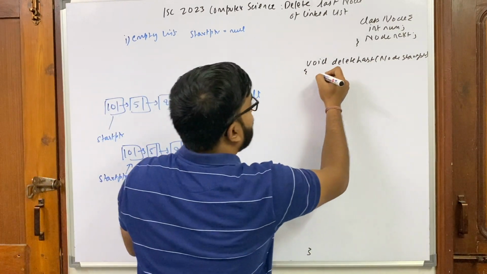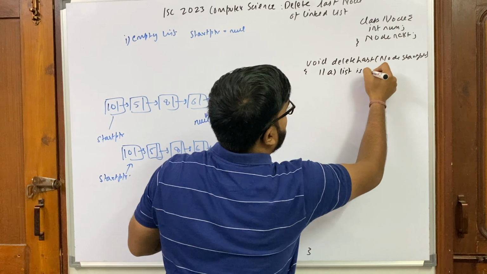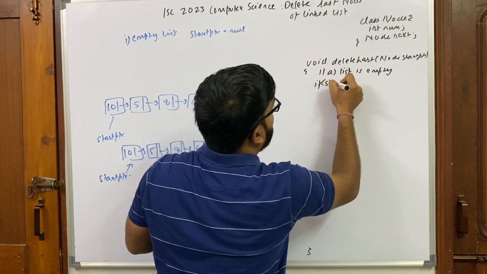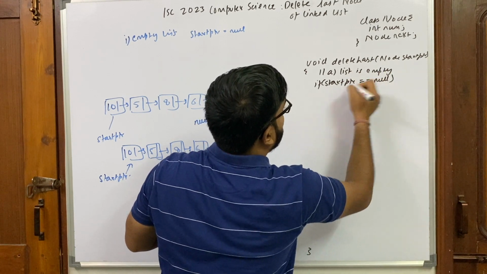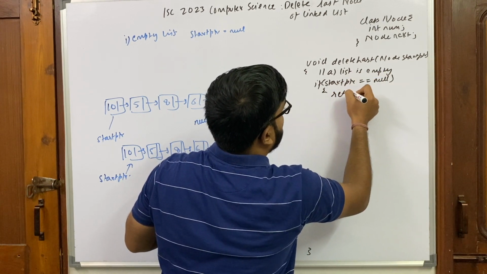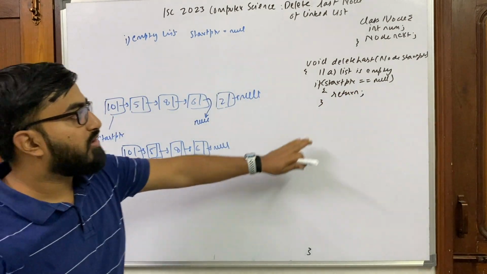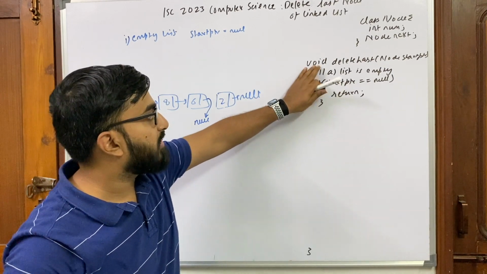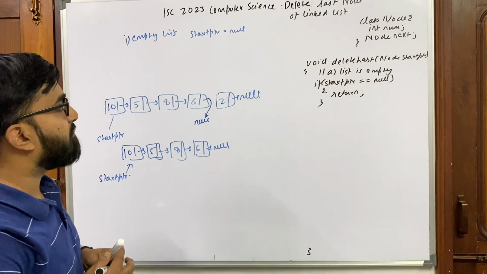So case A is the list is empty. You do if start pointer double equal to null, you do return, because I do not have to process anything in this list, and return does not have a value because the return type is void. This is my first border case, pretty simple.